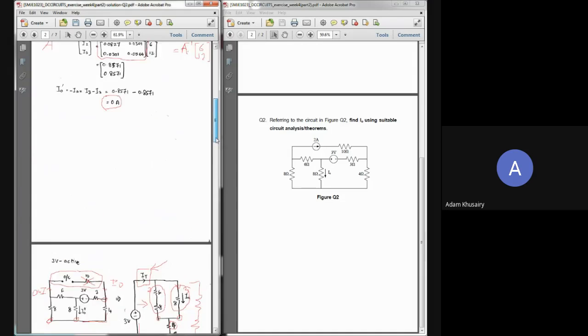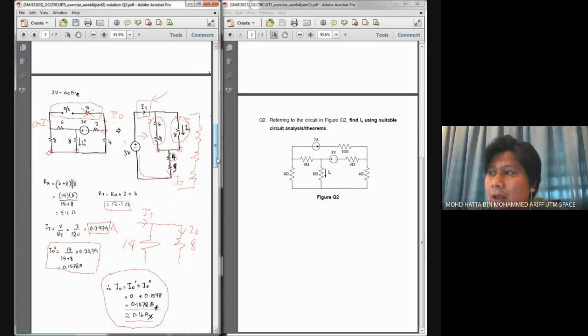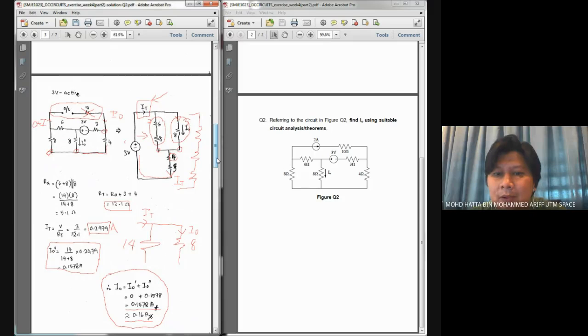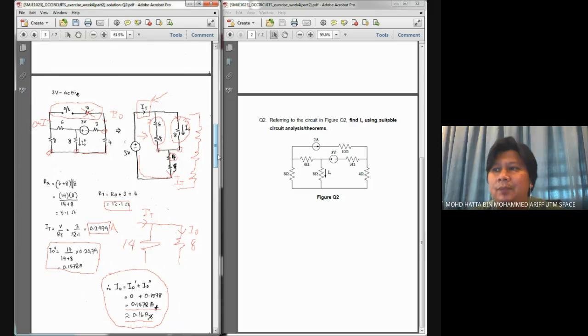Okay. Doctor, if you have a question like this, can you send to us? If you have another question like this, can you send to us? Yes. If you look at the activity week 5, you have equation.